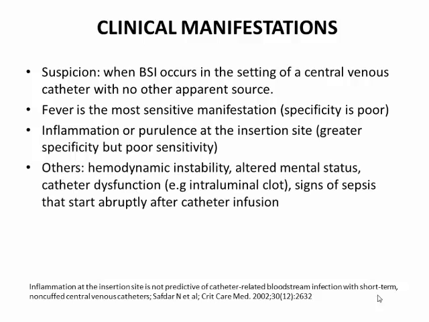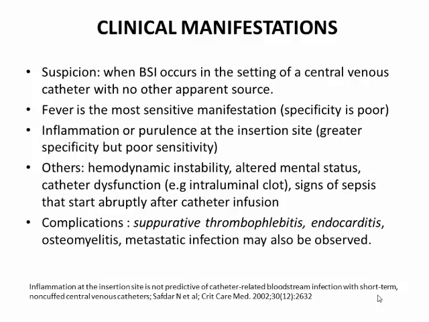We can find other things like hemodynamic instability, altered mental status in the patient, catheter dysfunction like an intraluminal clot, and signs of sepsis that start right after a catheter infusion. You can also see complications like suppurative thrombophlebitis, endocarditis, and metastatic infection.